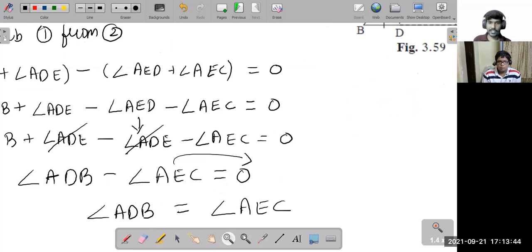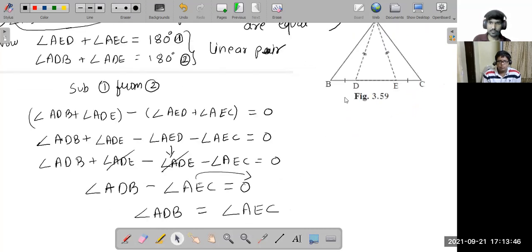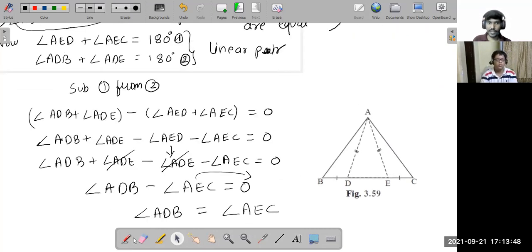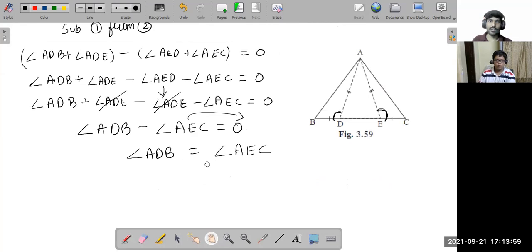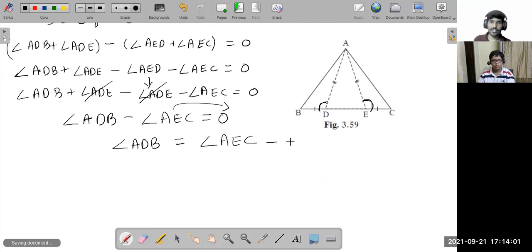If you look in the diagram, ADB is this one and AEC is this one. I'll number this as equation number 3.